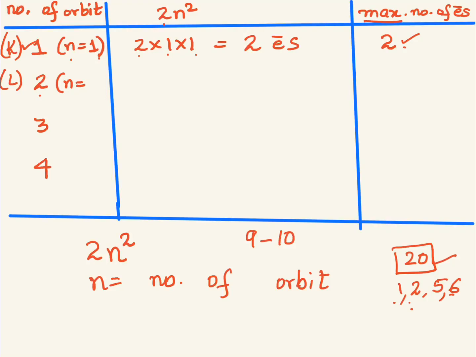For 11th and 12th, there's a separate set of videos which goes into the details of all this. L shell, that means we are talking about the second orbit of the atom. So, what will be n equals over here? Correct. So, it will be 2.